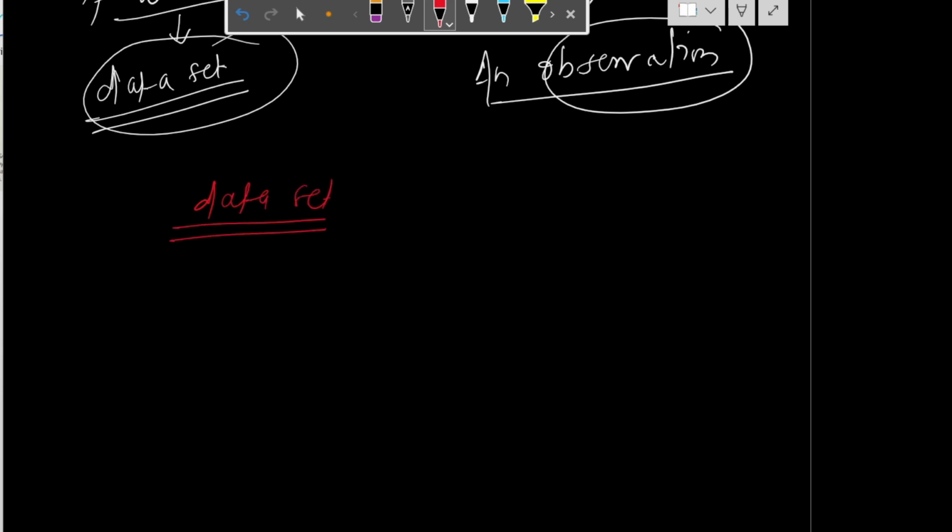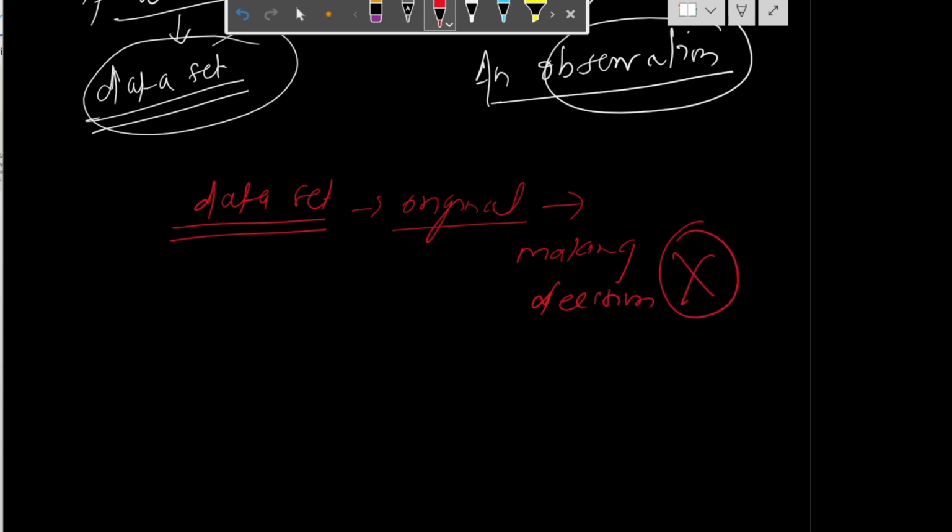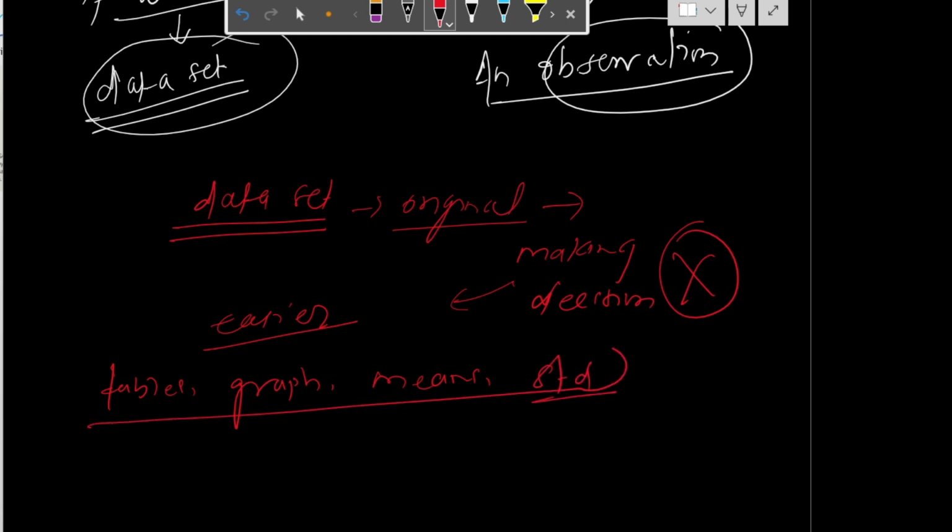But the thing is that a data set in its original form makes it very difficult to draw conclusions or make decisions. So to make it easier, we draw a summary table, or a graph, or a mean value, or maybe a standard deviation and so on.